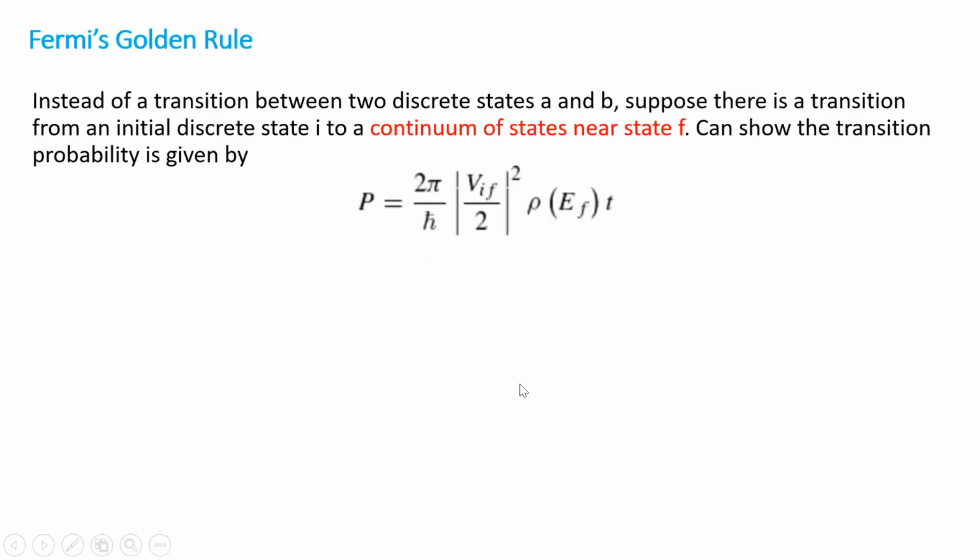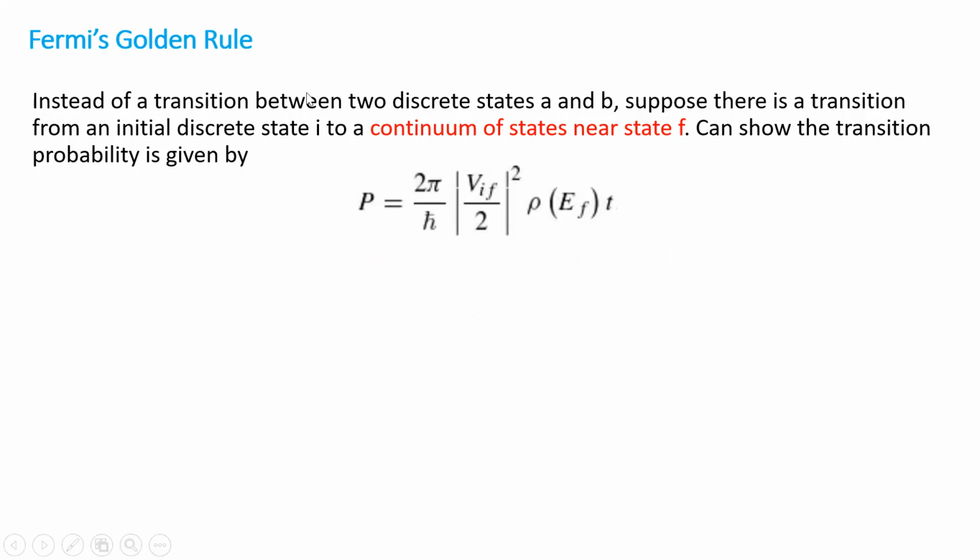Fermi's golden rule. So far we've been looking at transitions between two discrete states, A and B. For example, two states in the infinite square well, which are discrete quantized states. But there are also continuum states or scattering states.